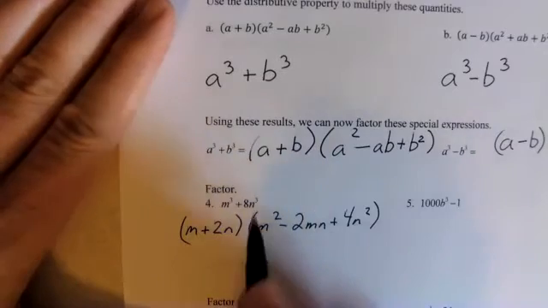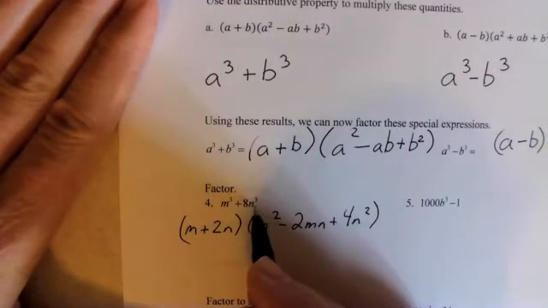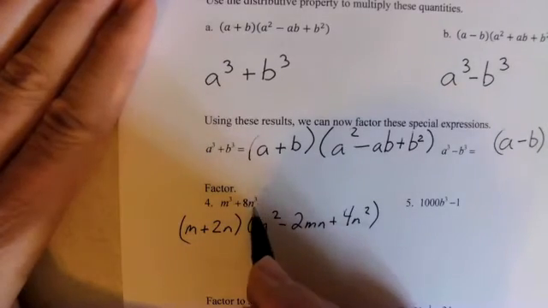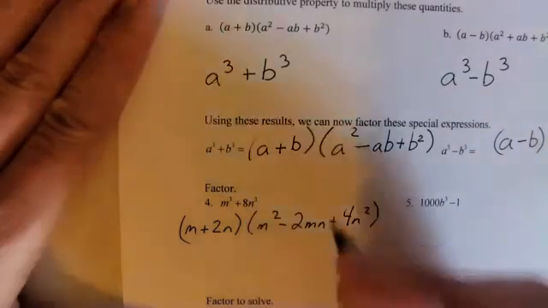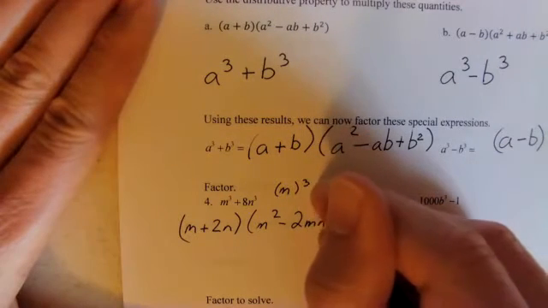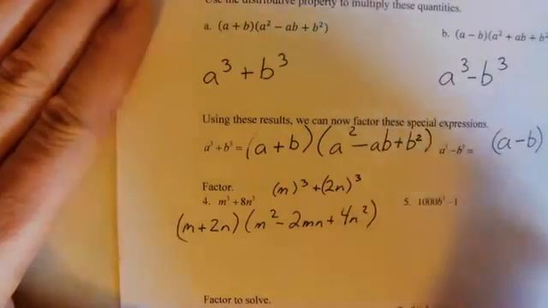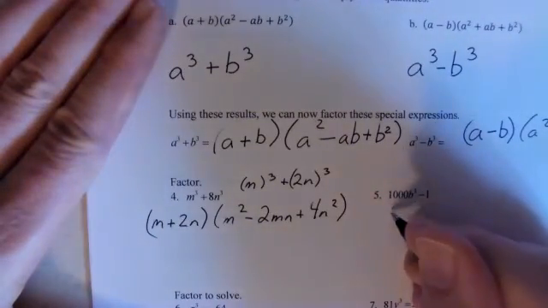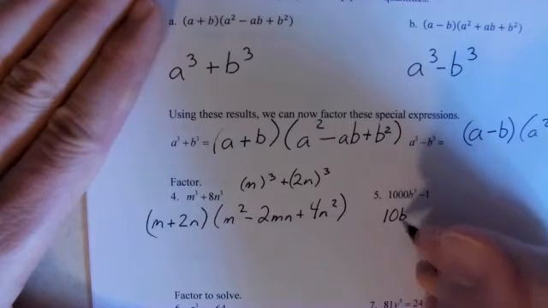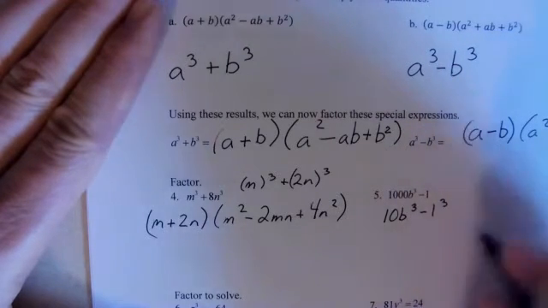Okay, here's that first one done, realizing that what was being cubed here was not just n, but really a 2n. So I thought of this as m being cubed and 2n being cubed. Likewise, over here, I'm going to think of this as 10b being cubed and being subtracted from 1 being cubed.